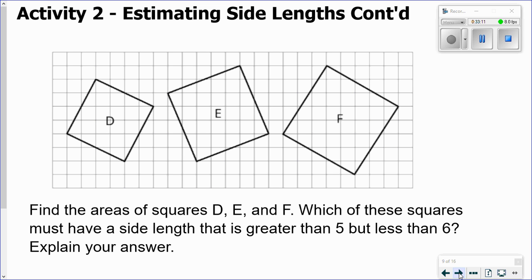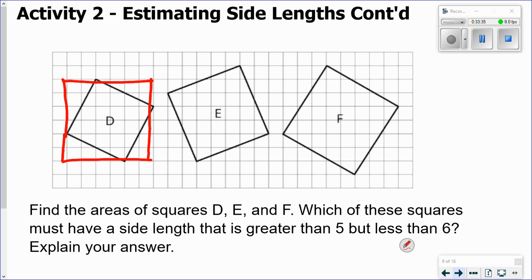All right, so if I look at figure D, again, I am going to create a square and enclose square D so I can actually calculate its area properly. So the new square I created is 1, 2, 3, 4, 5, 6, a 6 by 6 square.